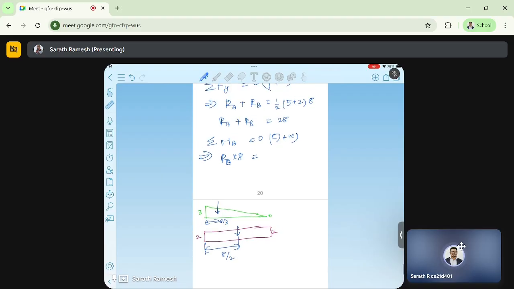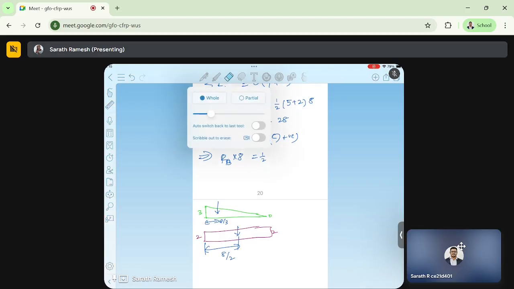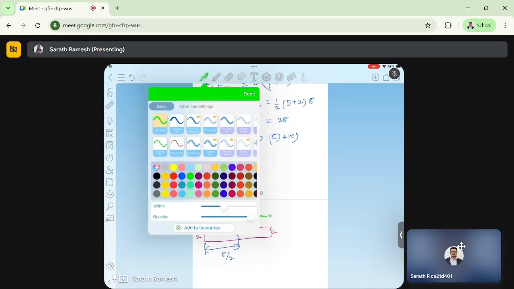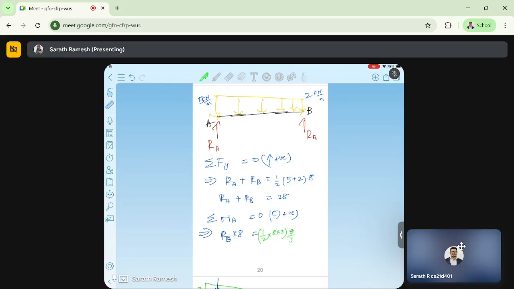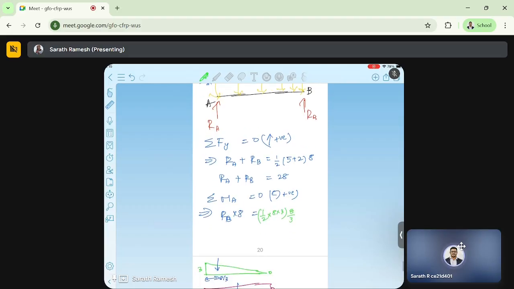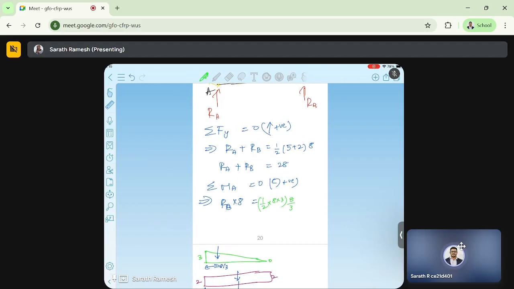Now, this will be equal to the area of the green, half into base into height times distance, which is 8 by 3. This is the moment. Which direction? Yeah, opposite to RB. So I'm writing clockwise moment equal to anticlockwise moment.